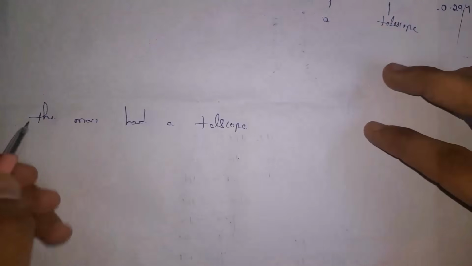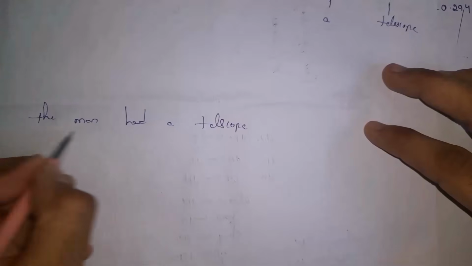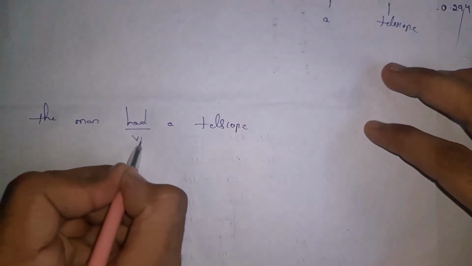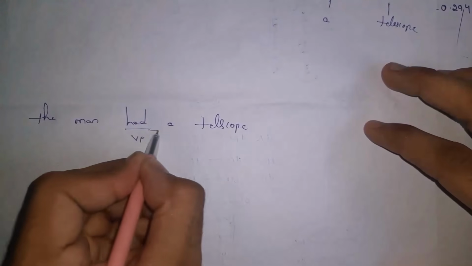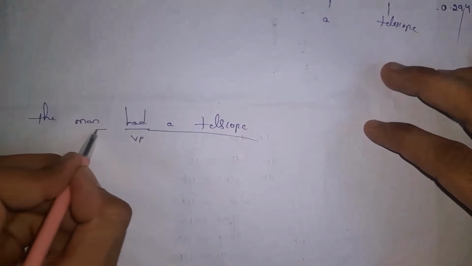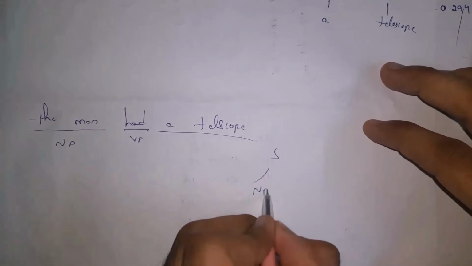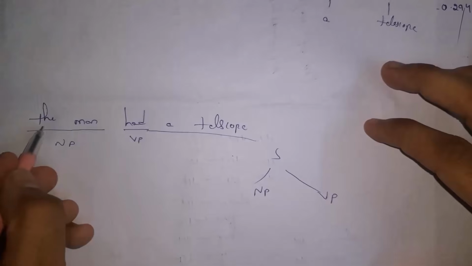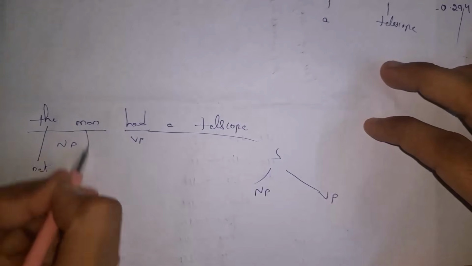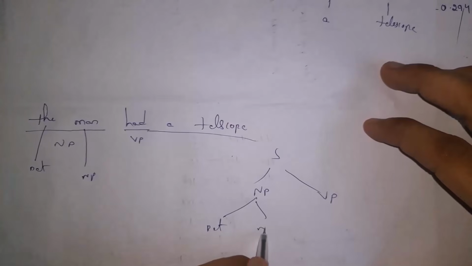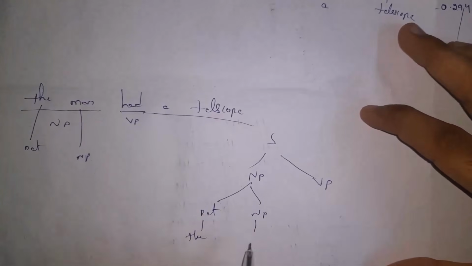And similarly for second one, the man had a telescope. So complete sentence contains noun phrase and verb phrase. At first we need to find what is verb. This is verb. So from verb, complete right side part comes under verb phrase and left side part comes under noun phrase. Noun phrase contains determinant and noun, where determinant is the and noun is man.